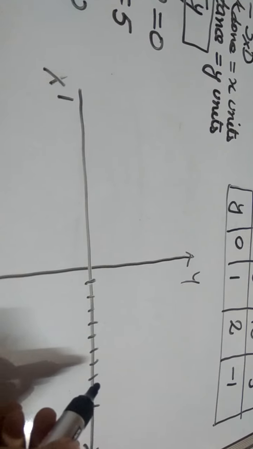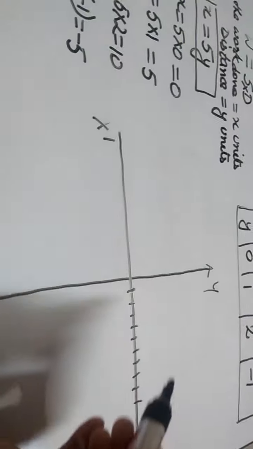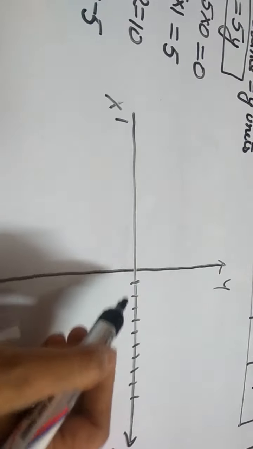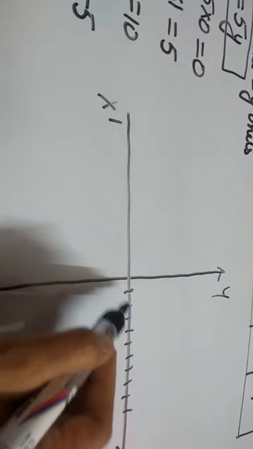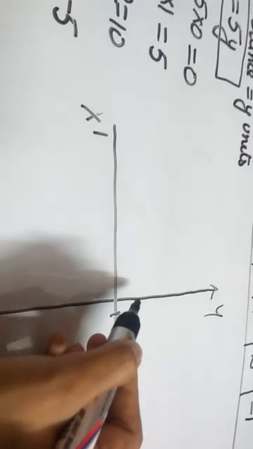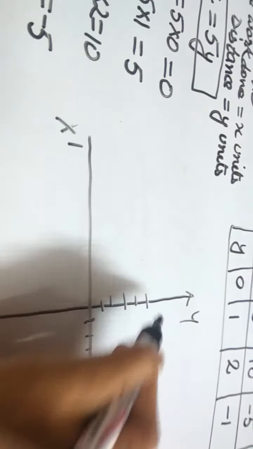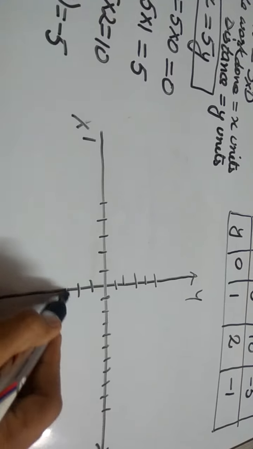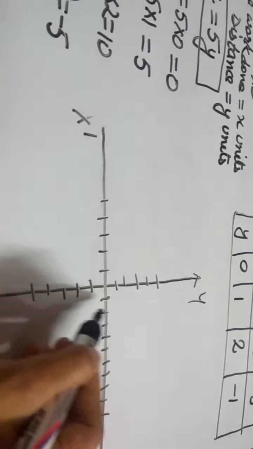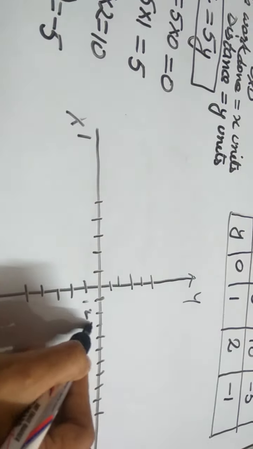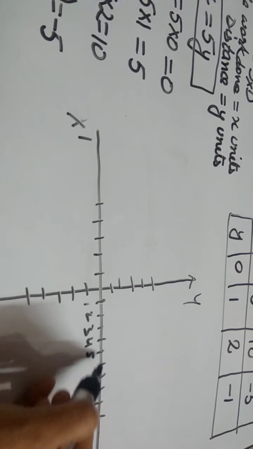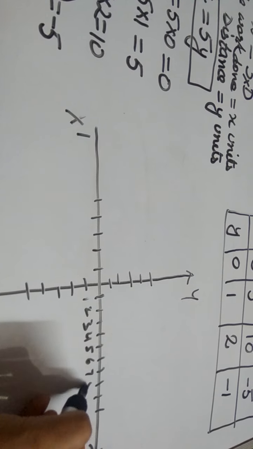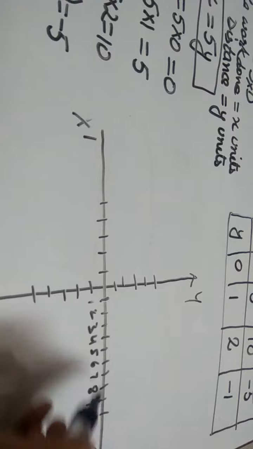On graph paper, you have to draw this graph. On that you will be able to mark the points at equal distance. So let us mark 1, 2, 3, 4, 5, 6, 7, 8, 9, 10 on the positive side.